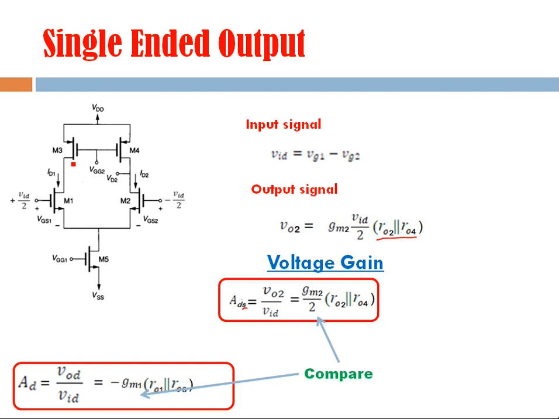So you have seen that whenever we try to take single-ended output, the gain of the amplifier reduces and it becomes half of the differential output. I am repeating it again and again because in the next lecture we will see that the configuration which we are going to cover will give a slightly different kind of result.